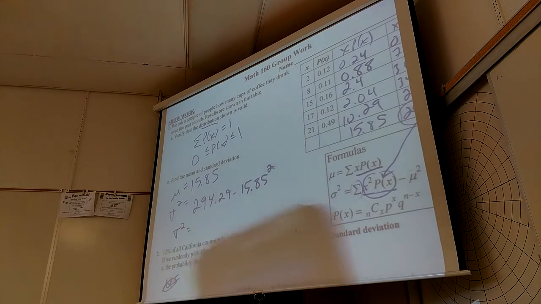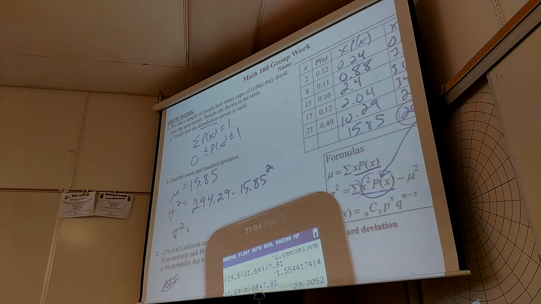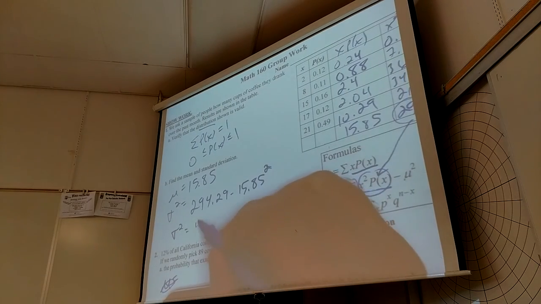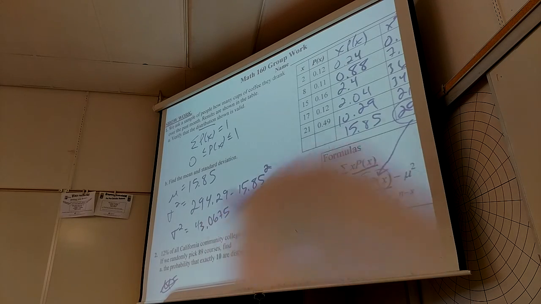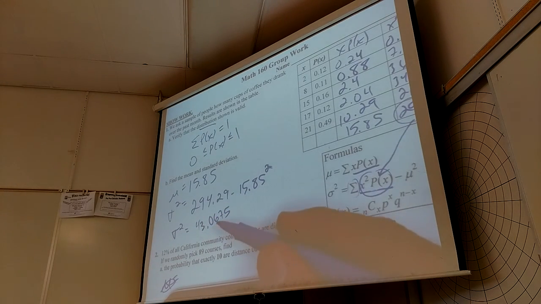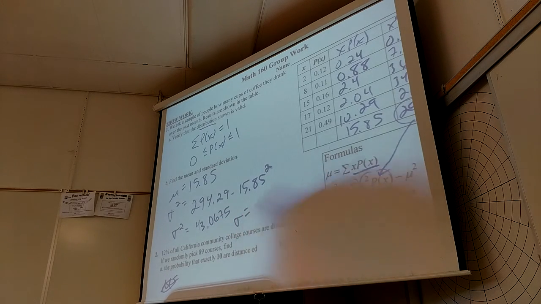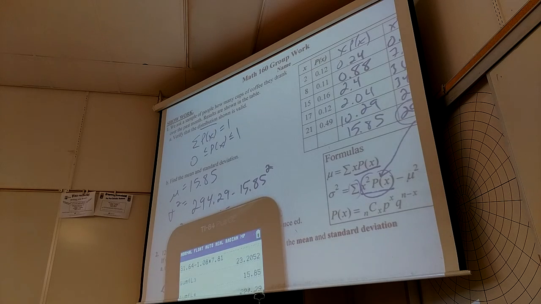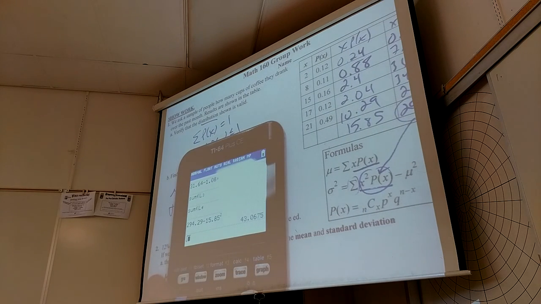So if you do that, let's see what you get. 294.29. 43.0675. Thank you, sir. So that's the variance. And then to find the standard deviation, you just take the square root of that. So I get 6.563.